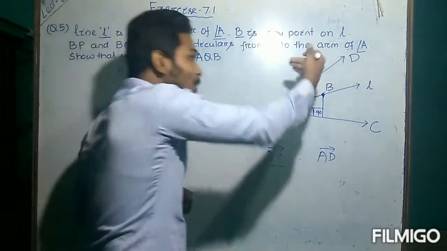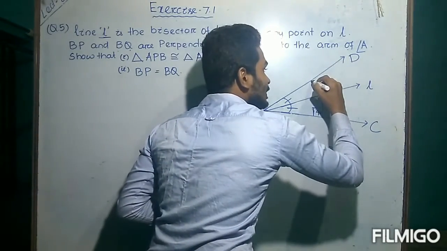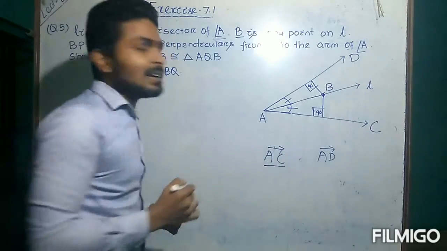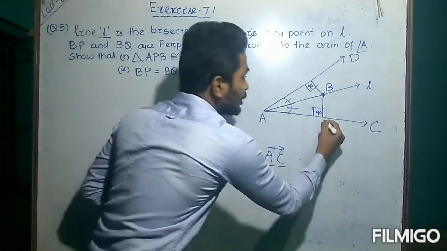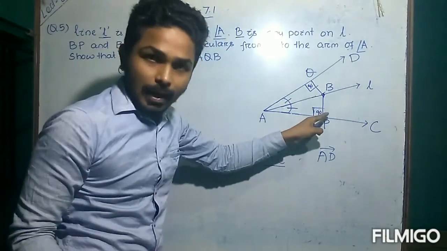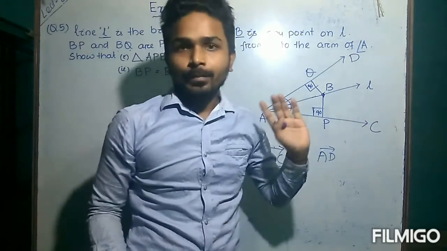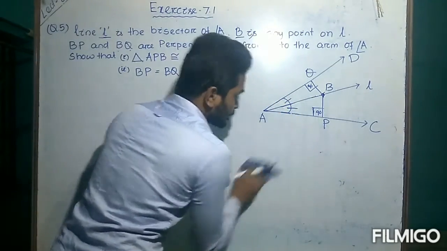Similarly, you have to draw another perpendicular line on the arm AD, like this. Do you understand it? So BP and BQ are 2 perpendiculars on the 2 arms, that is AC and AD. Now the statement is clearly understood.